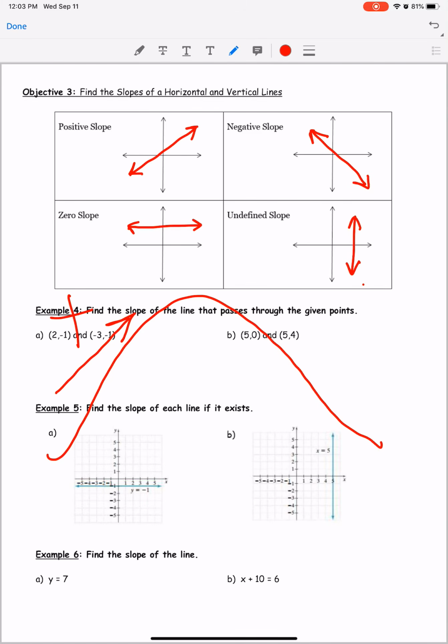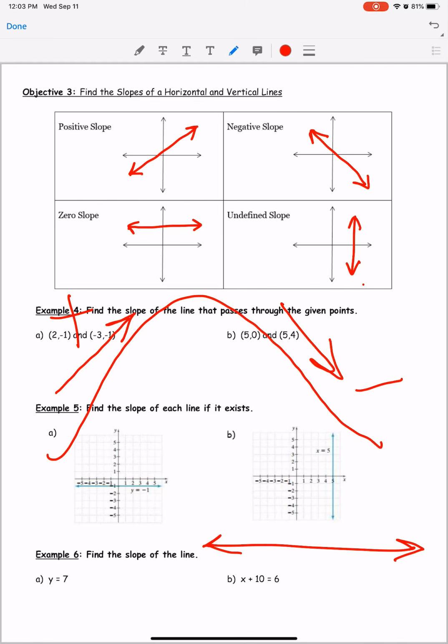But again, because I have never skied, going down this mountain is a very negative thing. That is very, very bad. If I am on flat ground here, think of your skis, right? If you're on flat ground, you are not going up, you're not going down. It's a zero slope. You're going zero places on these skis.